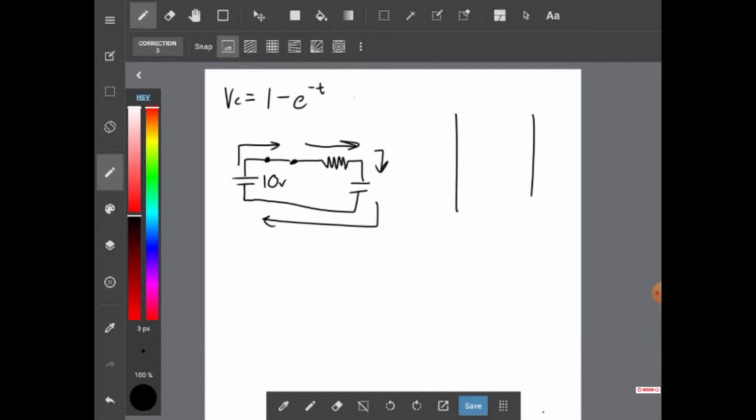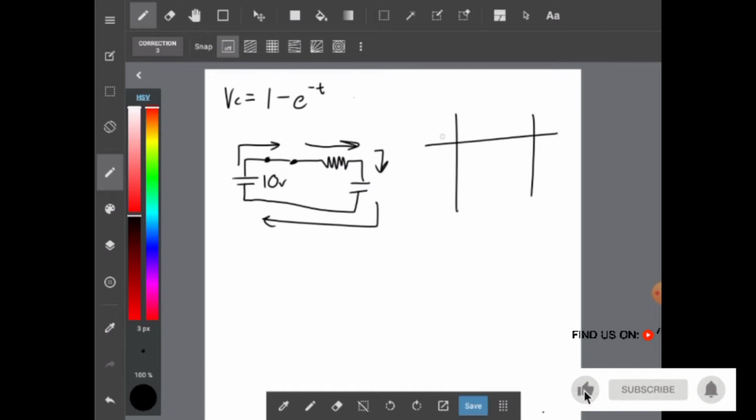So to get the voltage of the capacitor, let's see, this is the time constant, the percent of the charge, and the voltage. Let's say that we have 1, 2, 3, and 4 time constants.